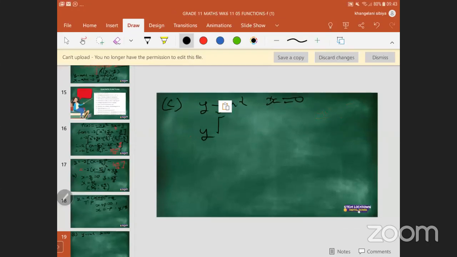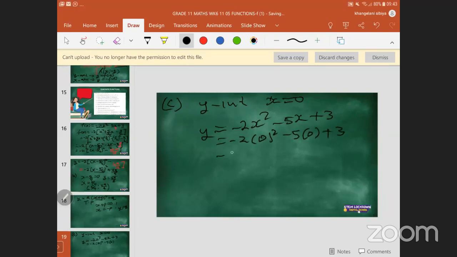So if you have y equal to negative 2x squared minus 5x plus 3, where there's x, you put 0. This will be minus 2, you put 0 here. Minus 5, you put 0 here, plus 3. Obviously, your answer would be 3. So our coordinates here would be 0 and 3.